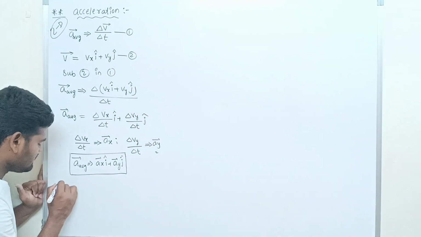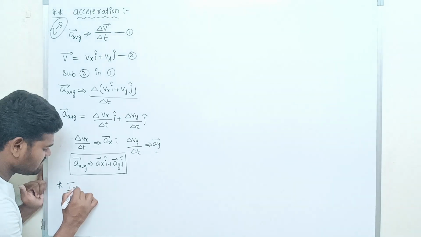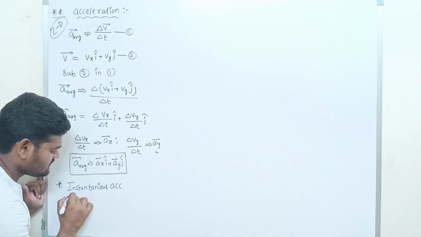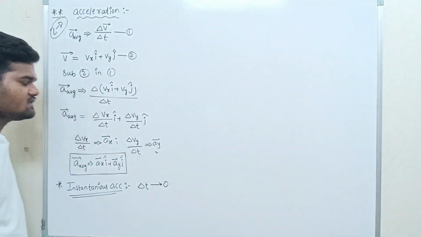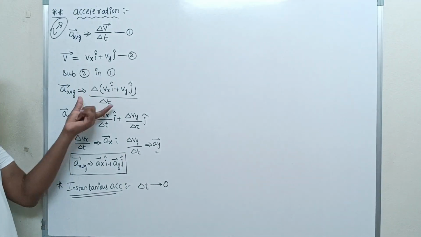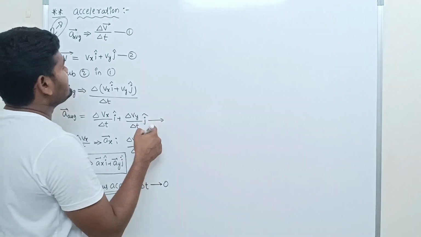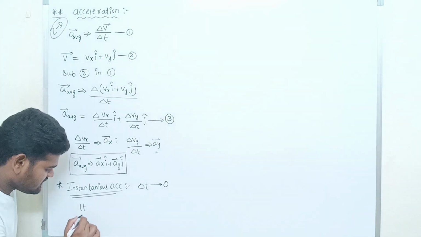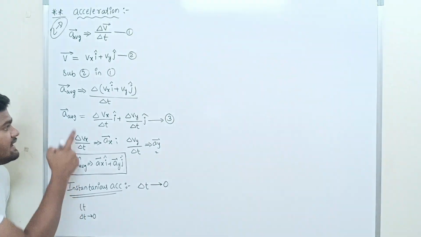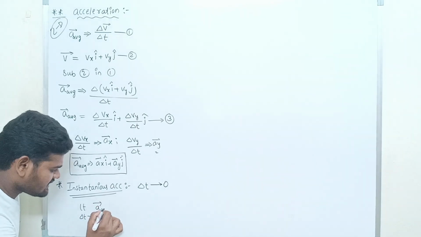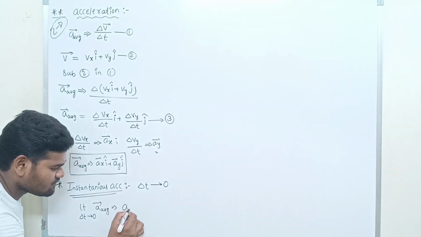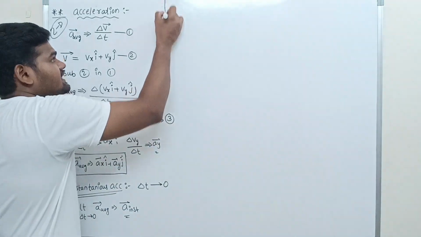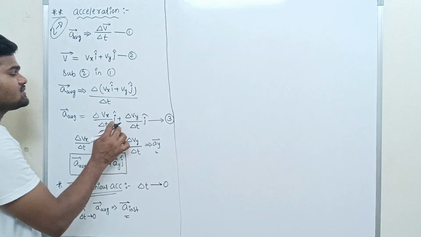So now if you want to find the instantaneous acceleration, change in time tends to 0. Let us consider this as equation number 3. So limit delta t tends to 0, then average acceleration becomes instantaneous acceleration. Just substitute here.